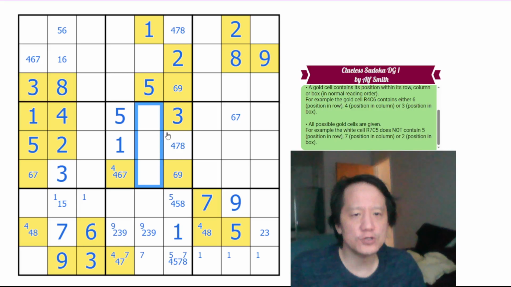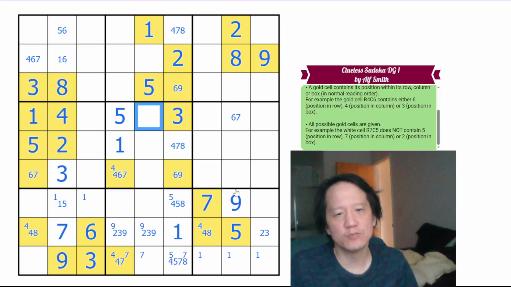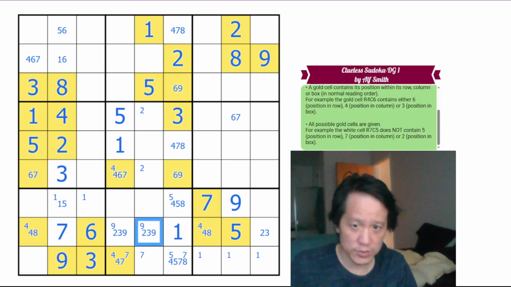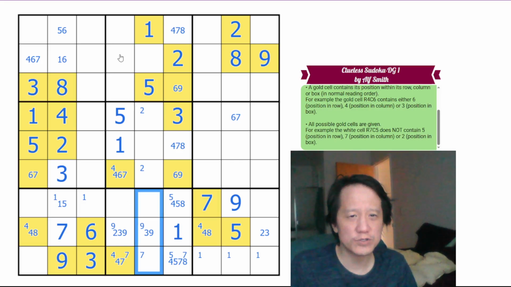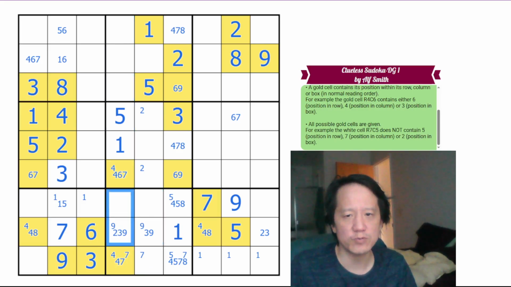Where is the 2 in box 5? It has to be one of these 2 digits because it cannot match the golds. And it can't be here. So this cannot be 2 here. Where's the 2 in column 4 then? It must be one of these 2 digits.